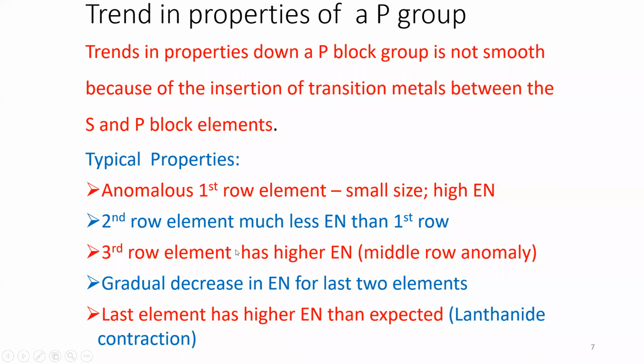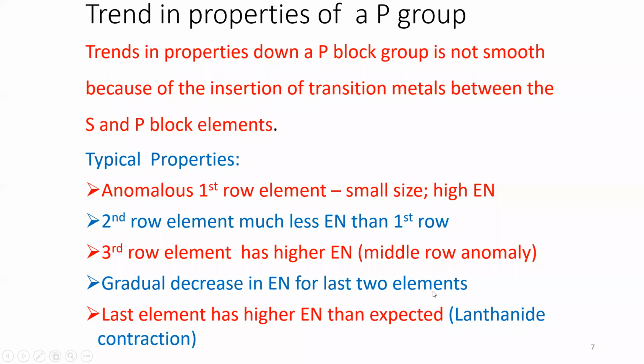So that is why the third row element has higher electronegativity. So we call it the middle row anomaly because of the presence of the transition element. So there's a gradual decrease in electronegativity for the last two elements.